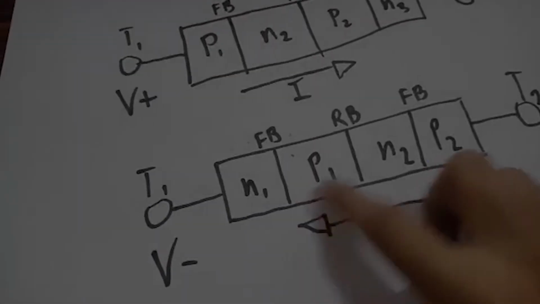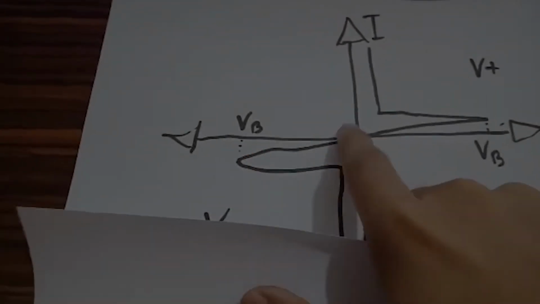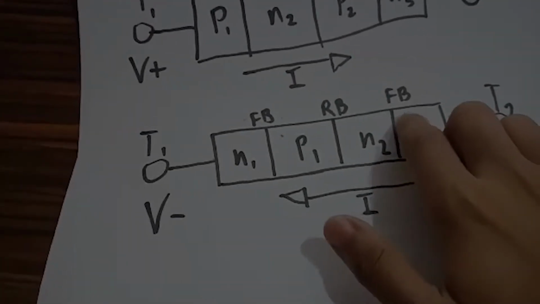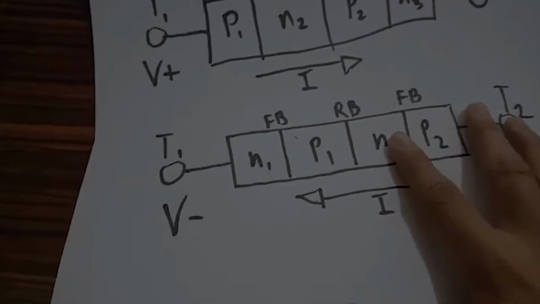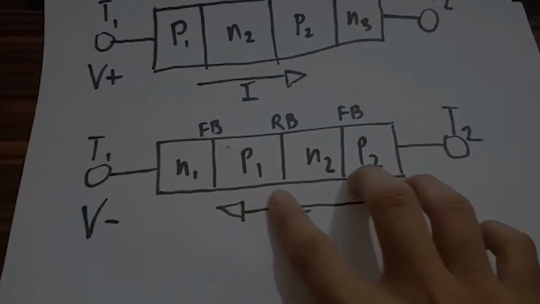So reverse biased would hinder the current from flowing, like here, and until a breakdown voltage, this reverse bias would break down the junction and current will now flow in this direction.